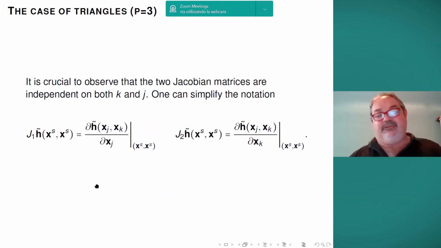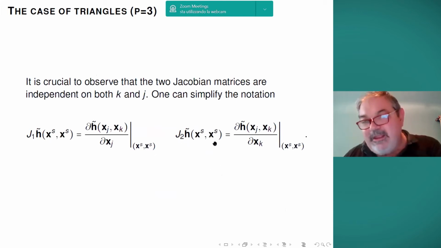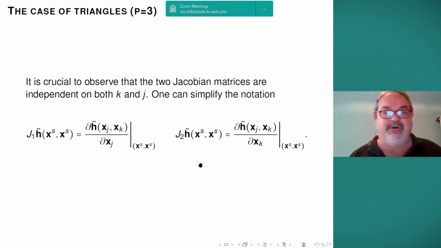And now, for simplicity of notation, let me introduce this J1 and J2. So J1 is the first part of the Jacobian in which the derivation is done with respect to the first variable, and J2 is the one with respect to the second variable.